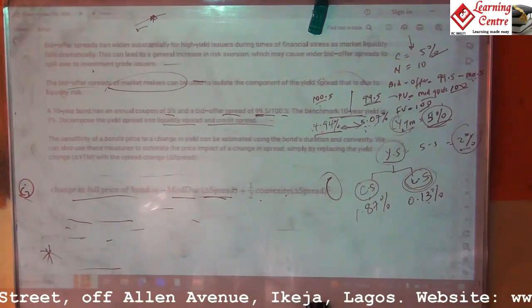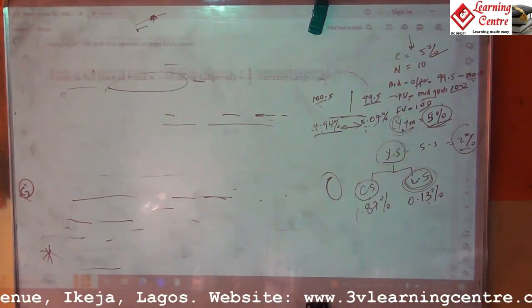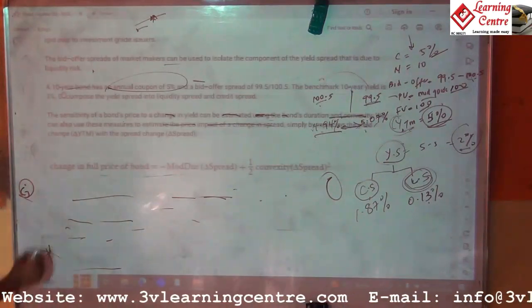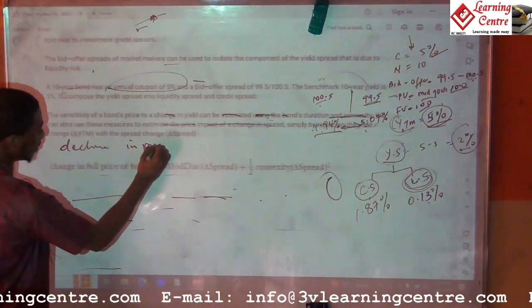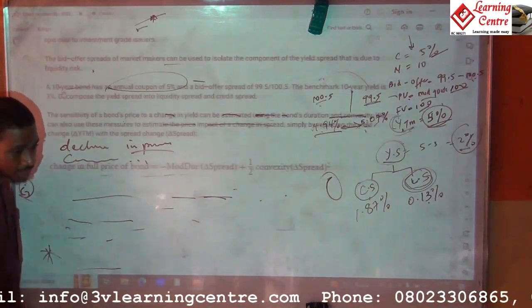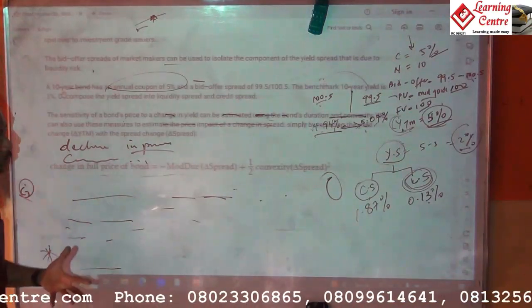What's the definition of liquidity spread? Liquidity spread is the effort you take when you sell a particular asset: the decline in price, or the concession in price, you will have to suffer even to sell the asset because people are not willing to buy it.